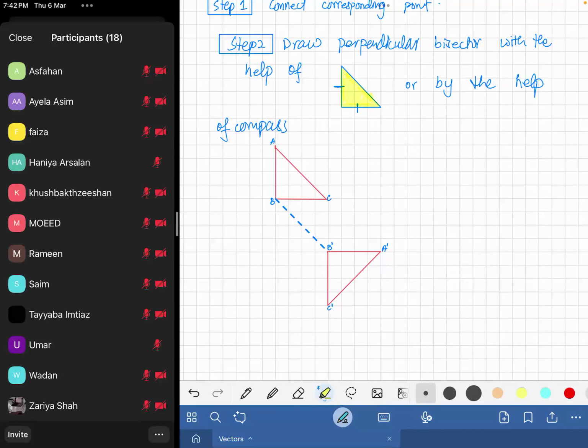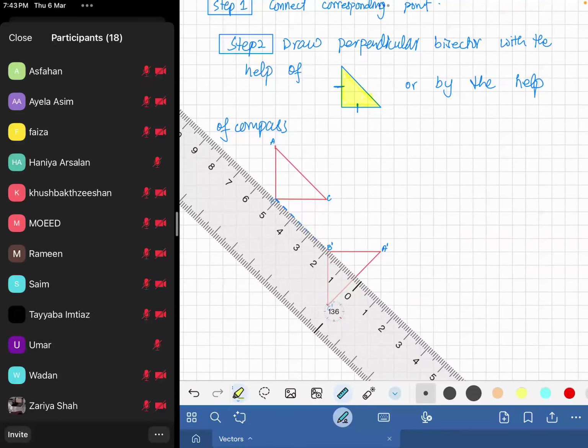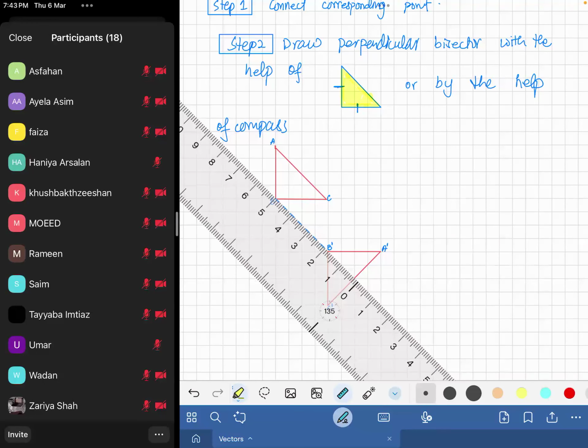Now how to make a perpendicular bisector? When your two corresponding points are connected, instead of drawing a dotted line, you can draw a solid line here, and that solid line will play a lot of role.